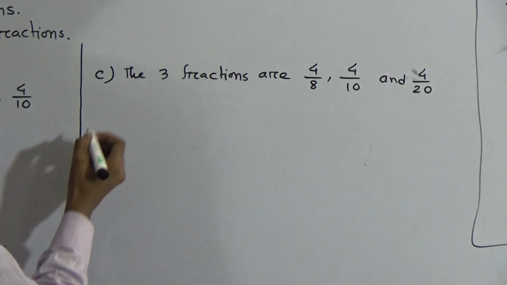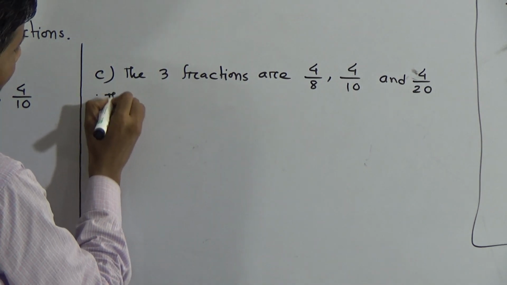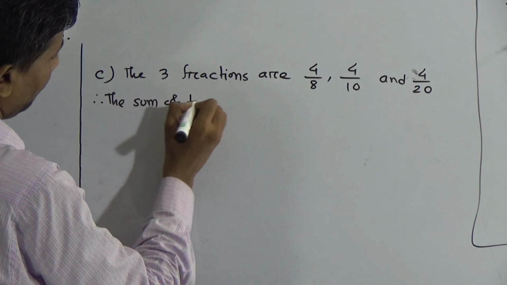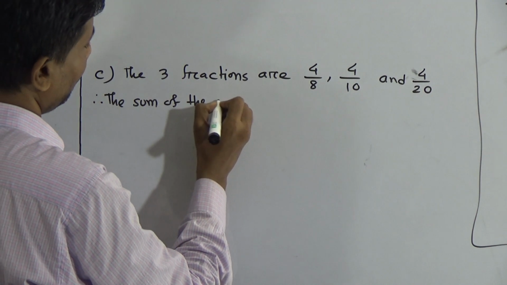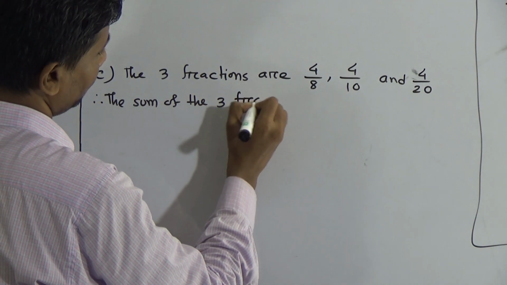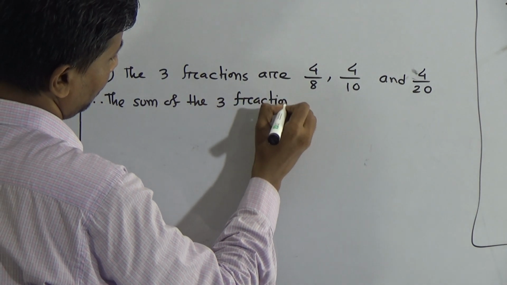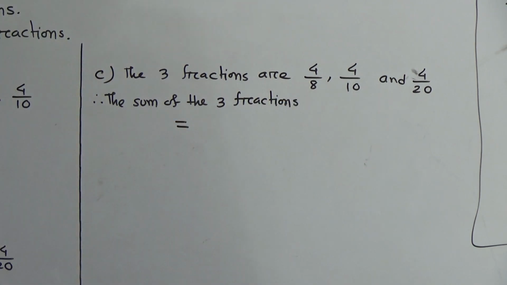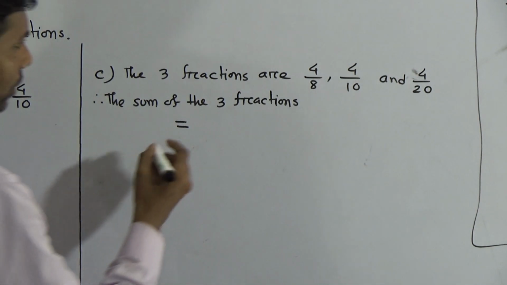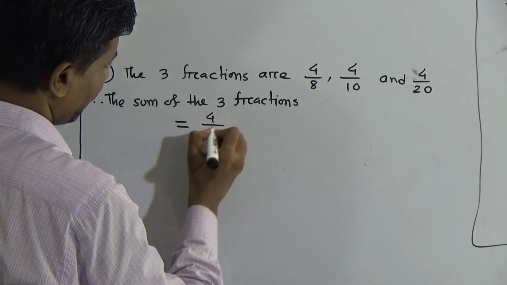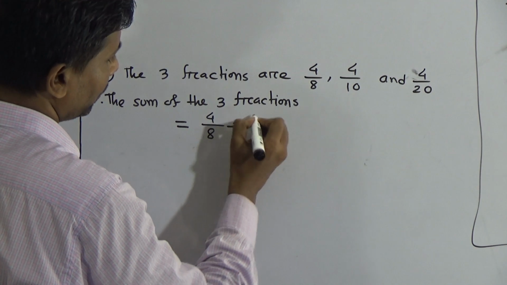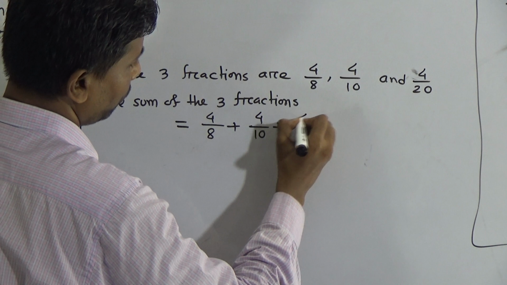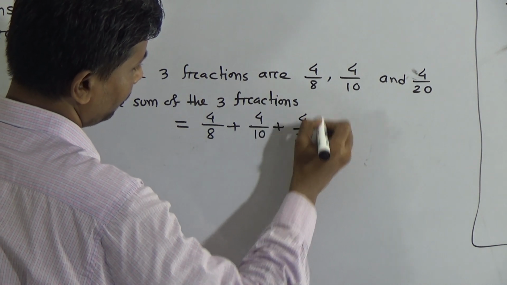Now write the sum of the three fractions. Look, the sum of the three fractions means what? 4 by 8 plus 4 by 10 plus 4 by 20.